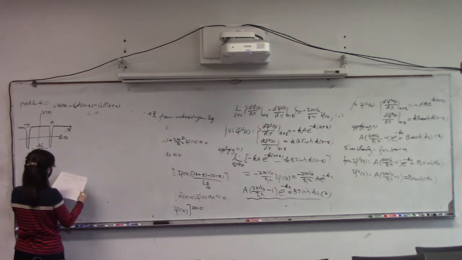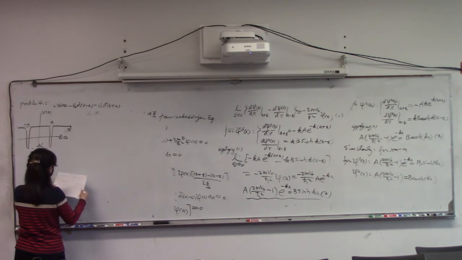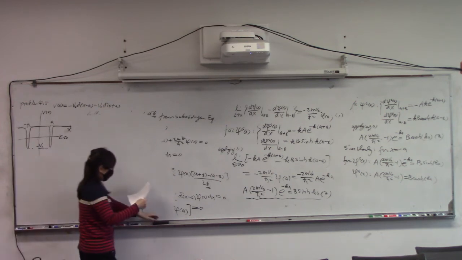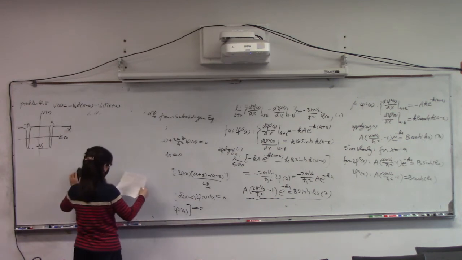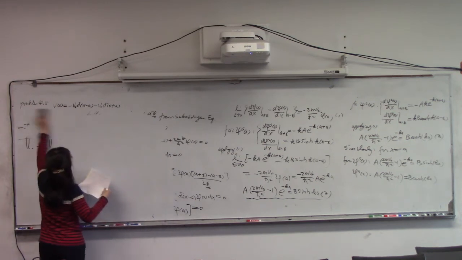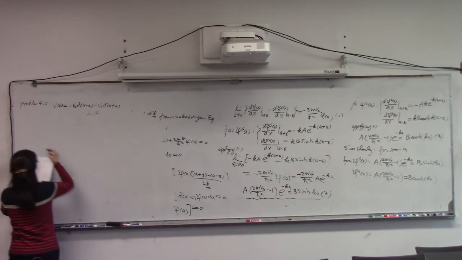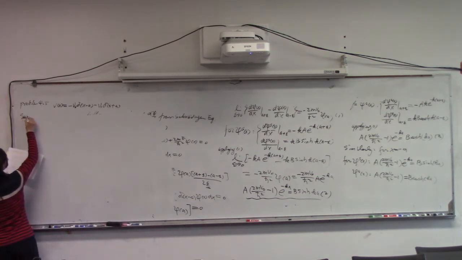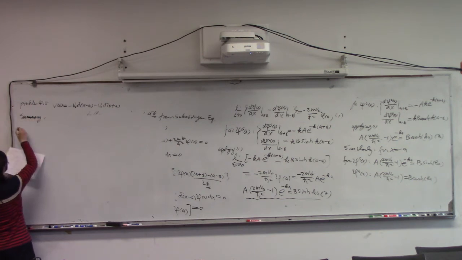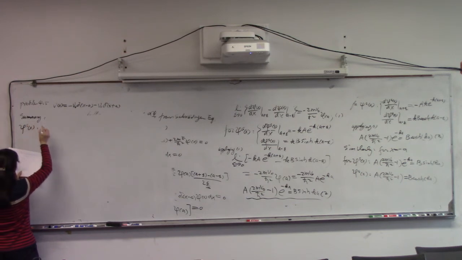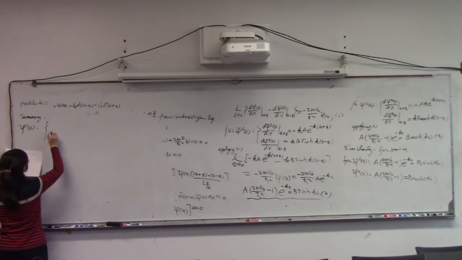We are going to, again, okay, I need to summarize the way I'm going to do this. We have for the symmetric function, both the function continue and the derivative continue, we have 2 equations.